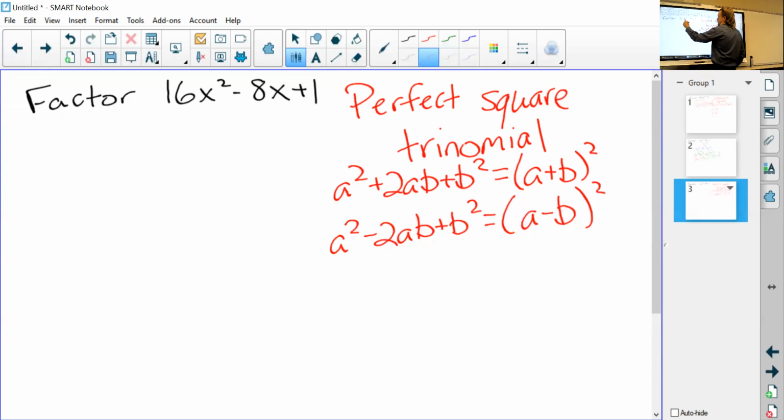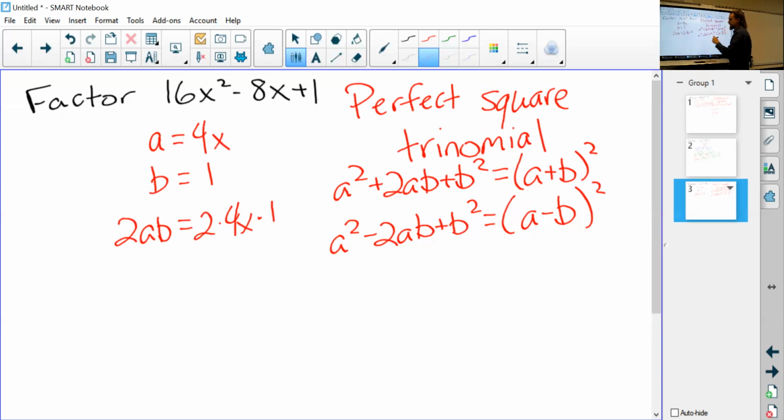So in this case, we would say 16x squared, so a would be 4x, and b would be, the square root of 1 is 1. So 2ab would be 2 times 4x times 1, right? So 2 times 4x is 8x, and 8x times 1 is 8x.